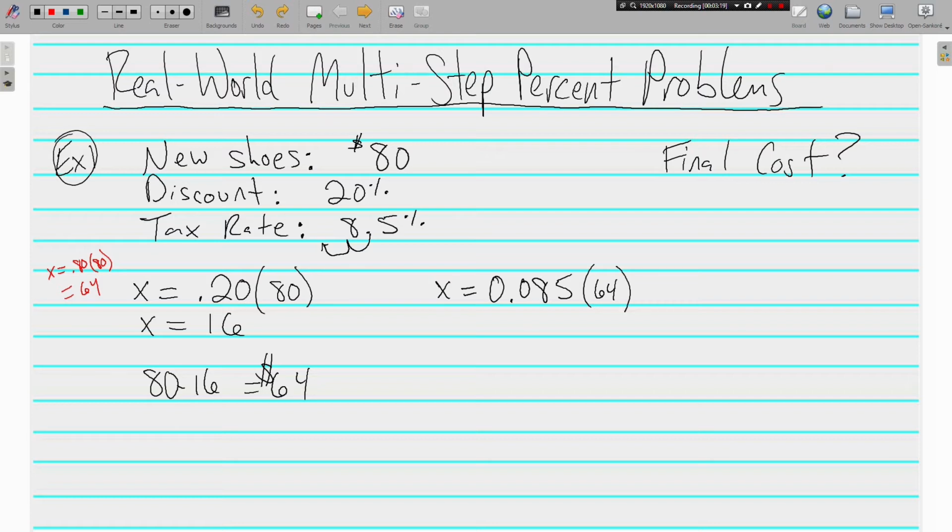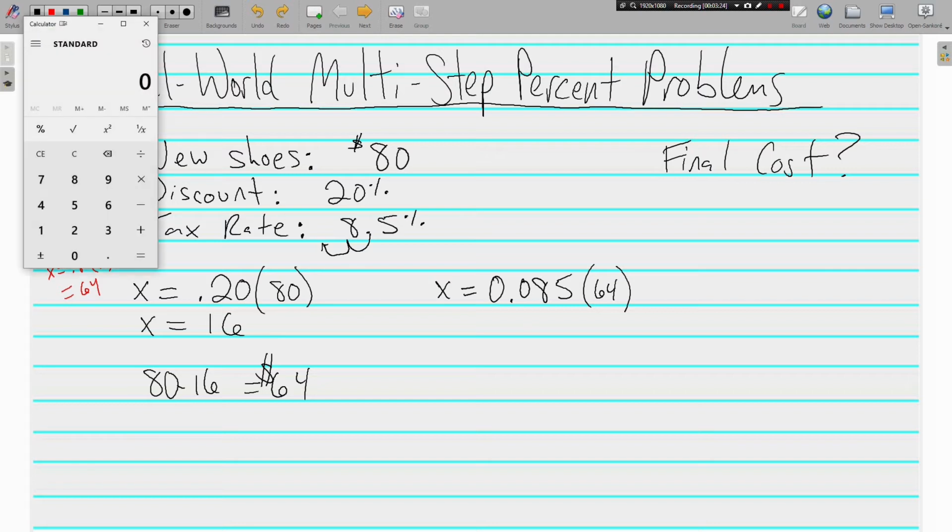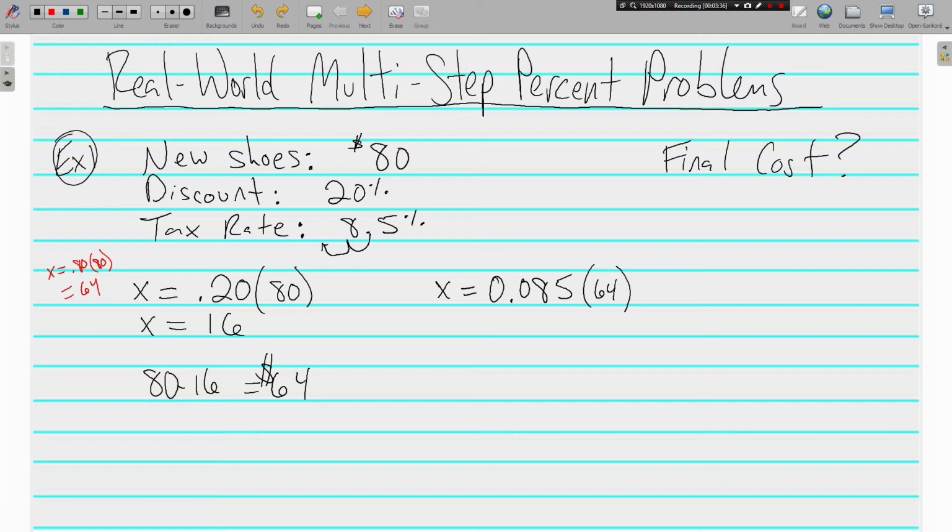Let's put that in the calculator: 0.085 times 64 is $5.44. X equals $5.44, and this is the tax.